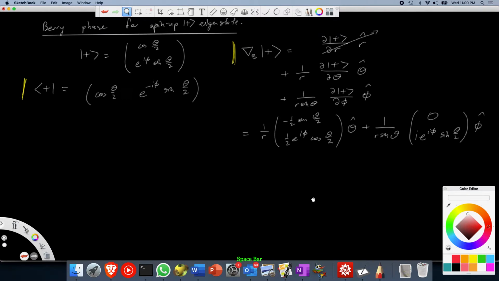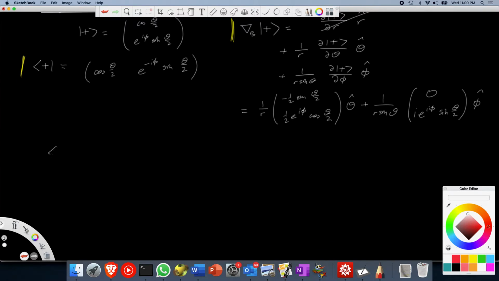What we will get is that the plus eigenstate dagger gradient plus eigenstate equals 1 over r, minus half sine theta over 2 cosine theta over 2 plus half sine theta over 2 cosine theta over 2, times theta hat.